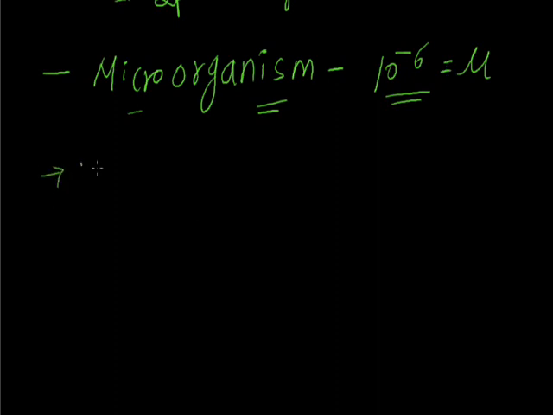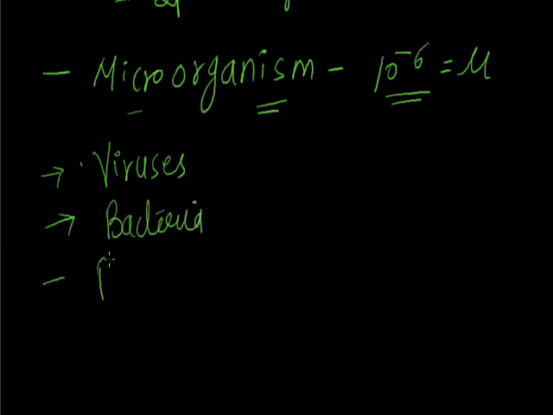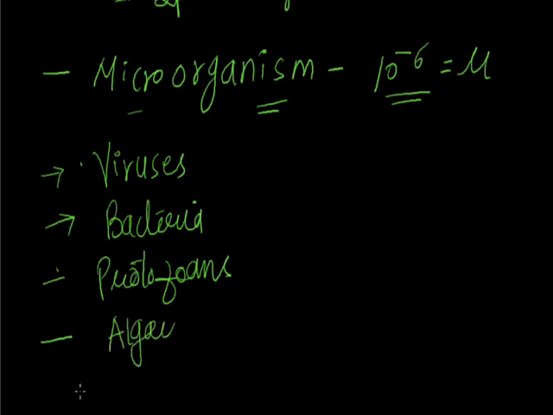First, the smallest are viruses, then bacteria, protozoans, then algae and fungi. All of these are considered microorganisms: viruses, bacteria, protozoans, algae and fungi.